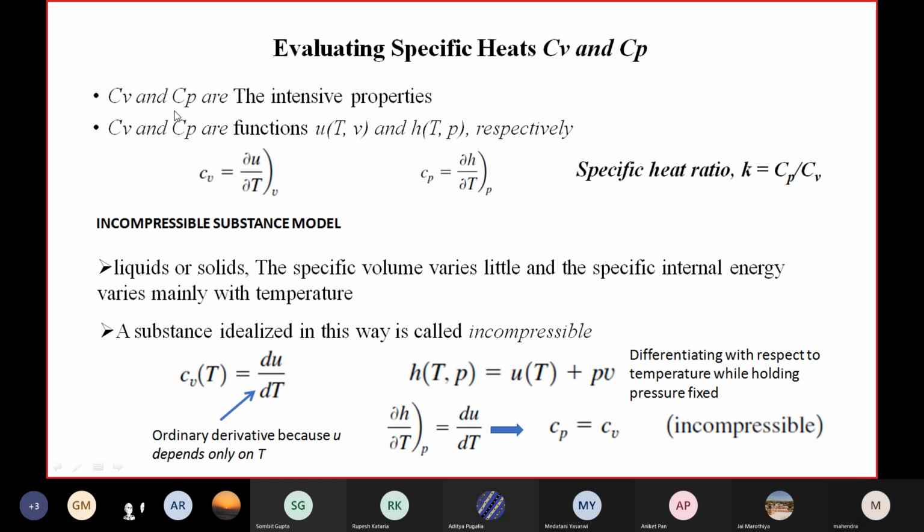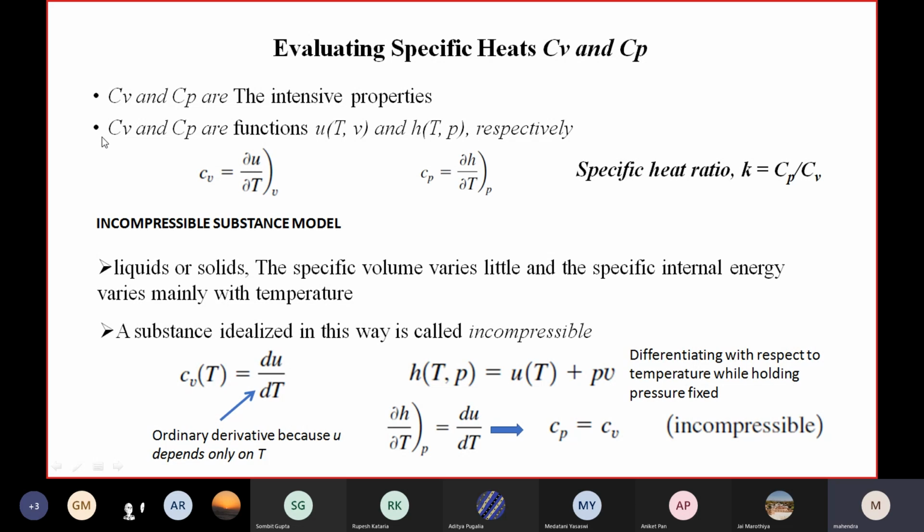The specific heat at constant volume and specific heat at constant pressure are both intensive properties. Specific heat at constant volume is a function of internal energy, and specific heat at constant pressure is a function of enthalpy.